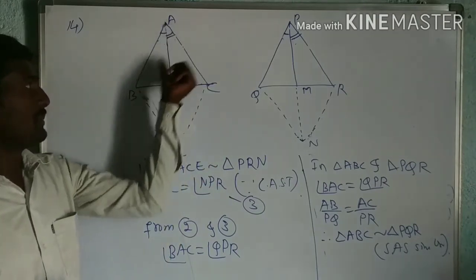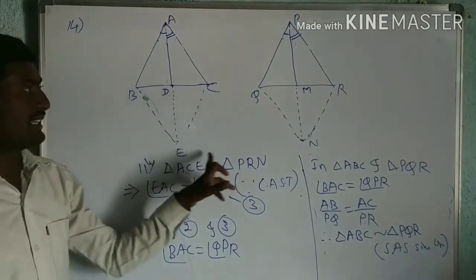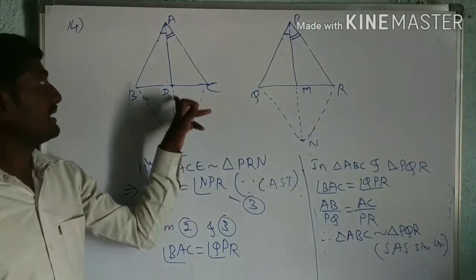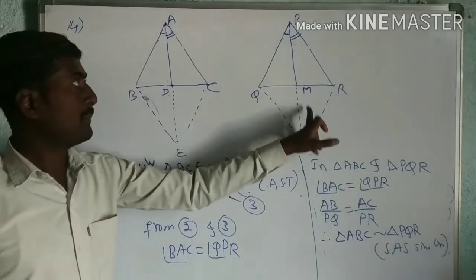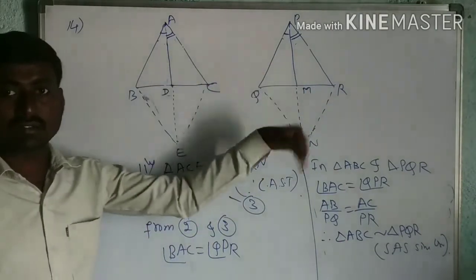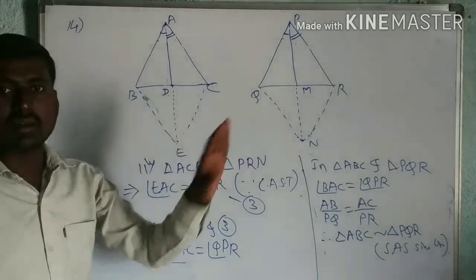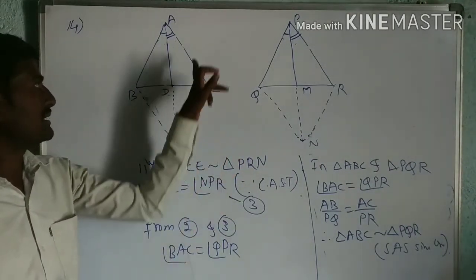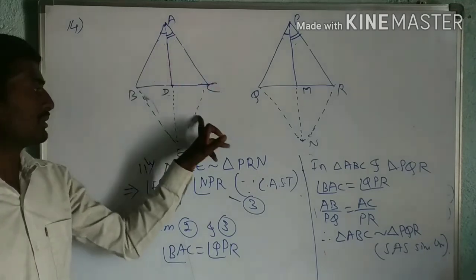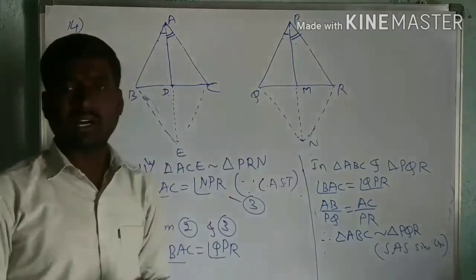I have to prove ABC is similar to PQR. For this I constructed DE and MN so that DE and ED are equal, MN and PM are equal. Then these two quadrilaterals become parallelograms, so their opposite sides must be equal.